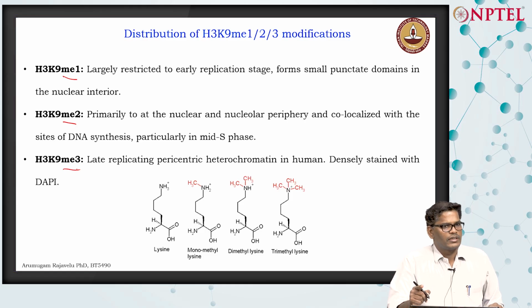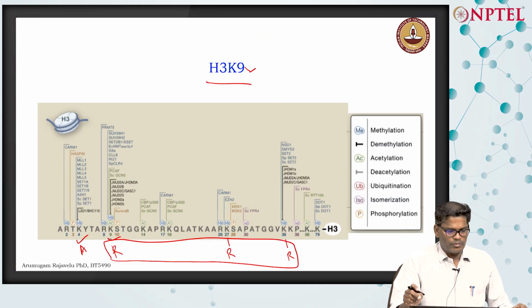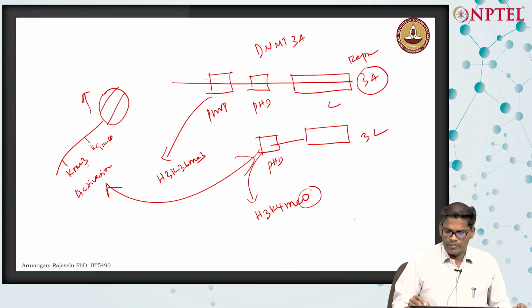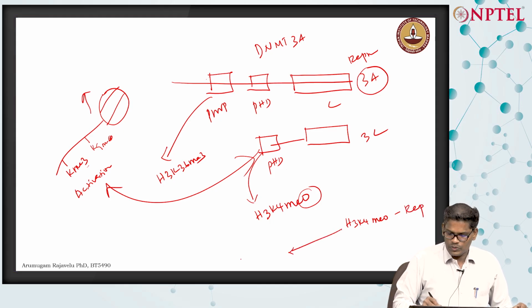For K4, H3 K4 Me0 has a well defined function. Me0 is repressive, and the opposite, H3 K4 Me3, is an activation mark.